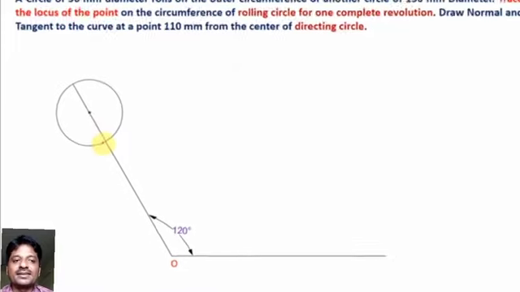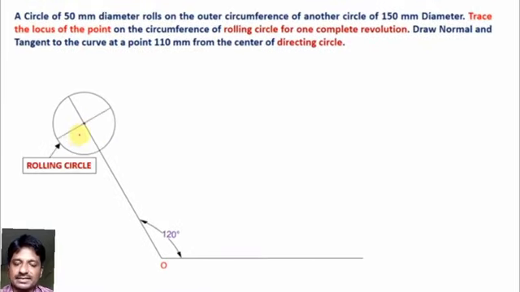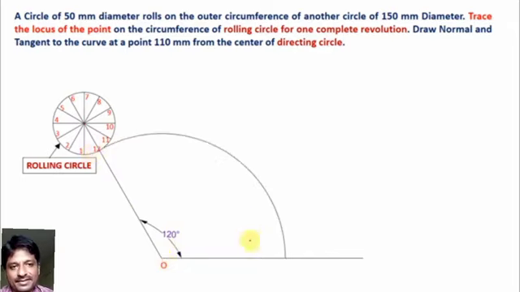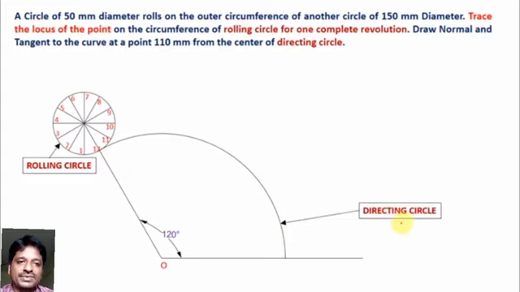Now divide the rolling circle into 12 equal parts. So how to divide into 12 equal parts? We can make an angle of 30 degree to 30. Now put your compass at the point O and open your compass from O to 12 and make an arc like this. So this represents the directing circle. Now this rolling circle will roll over here to here.